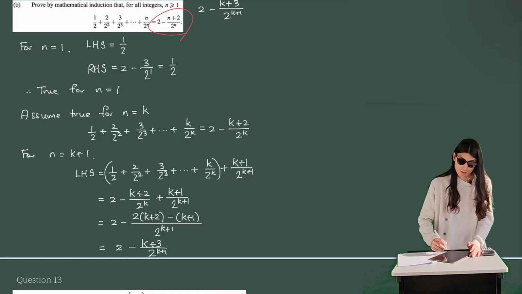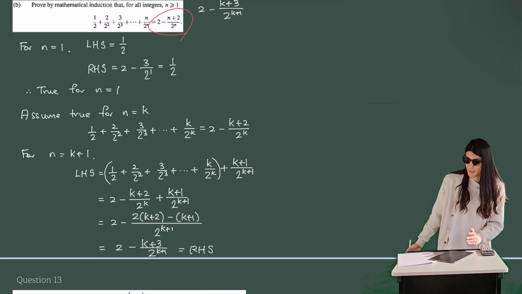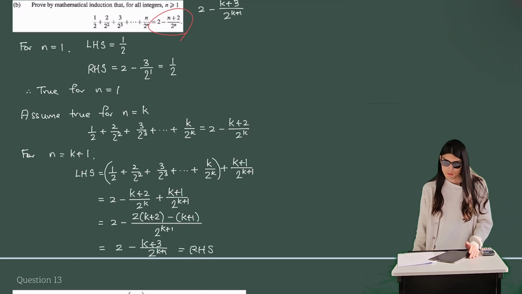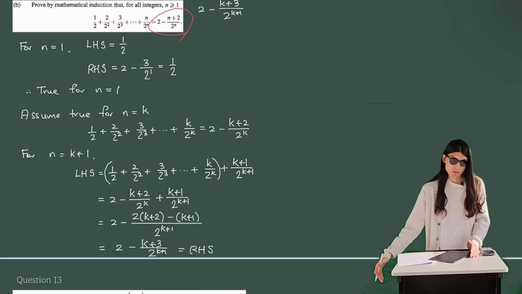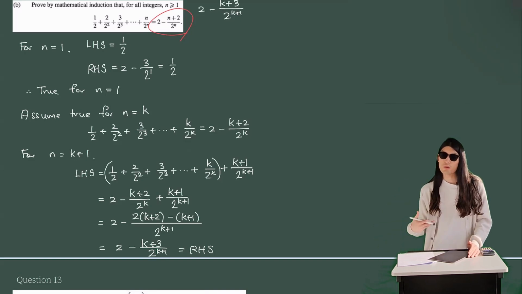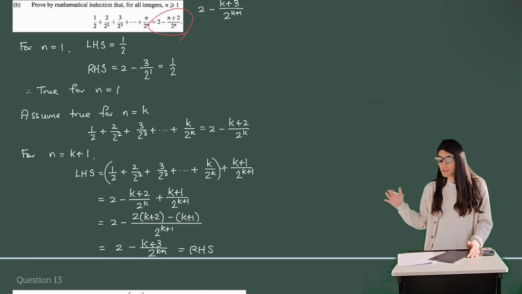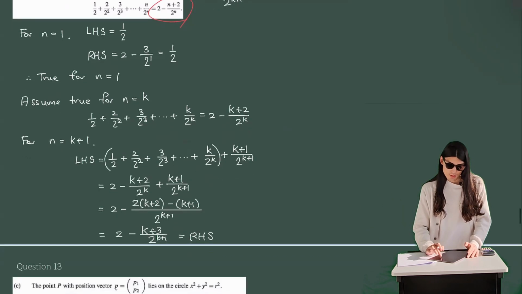So you do get the required right-hand side. And with that, of course, in your exam, you would need to write a conclusion from that, wouldn't you? Okay. So by the principle of mathematical induction, the statement is true for all integers n greater than or equal to 1 is what you would write down at the end of your proof, okay? Which, again, in here, I'll just skip, okay?